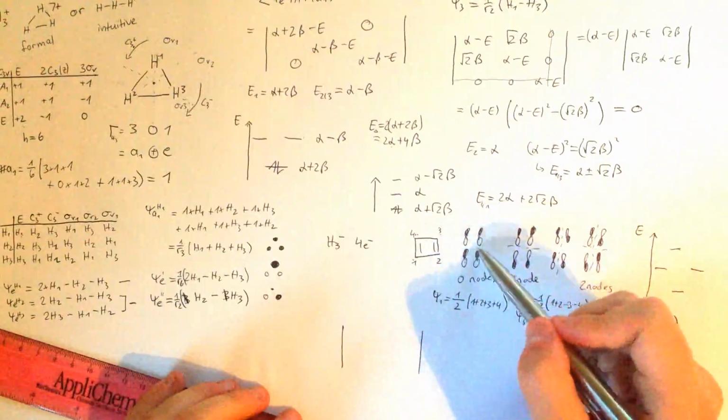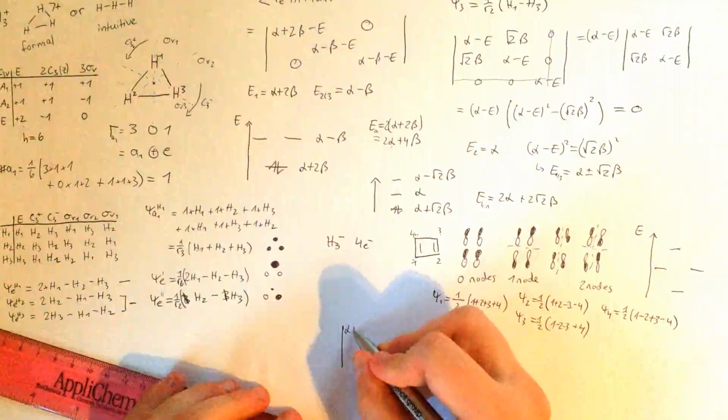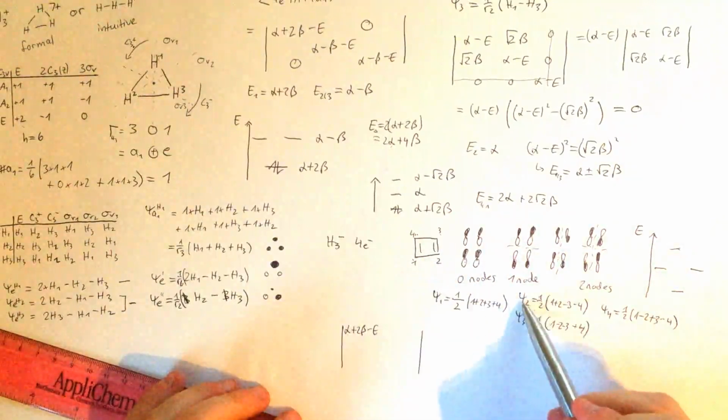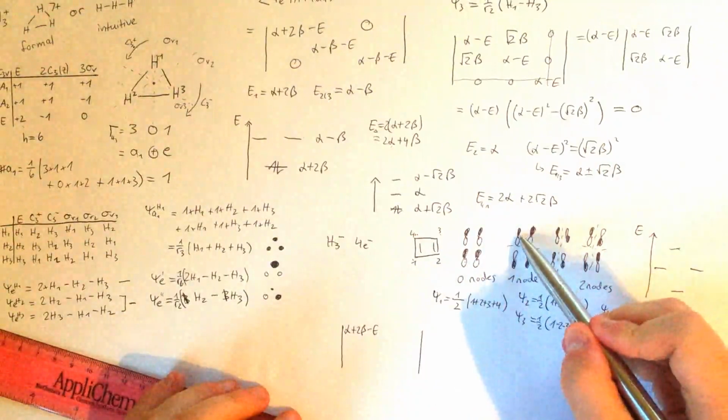And they're good interactions since we overlap, so I write down alpha plus 2 beta minus E. For psi 2, I again pick out one orbital.